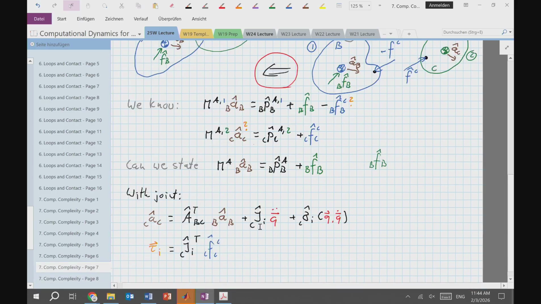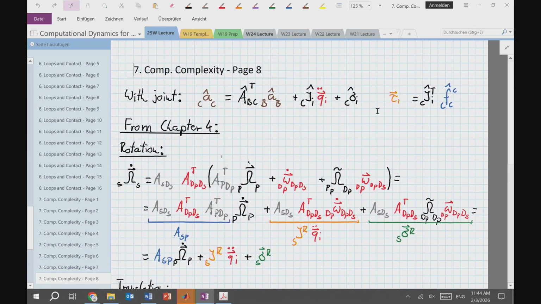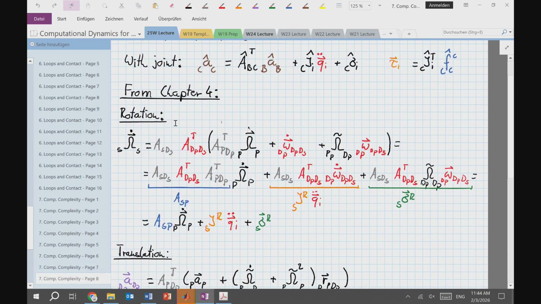And I want to start with a little bit of math that I will rush over, and all I want to show you is that this expression here holds, that I can write the acceleration across a joint in this form. To do this, I pull the information from chapter 4, where we already had a closed form expression for the rotational acceleration of my successor body, which depends on a bunch of stuff, right?